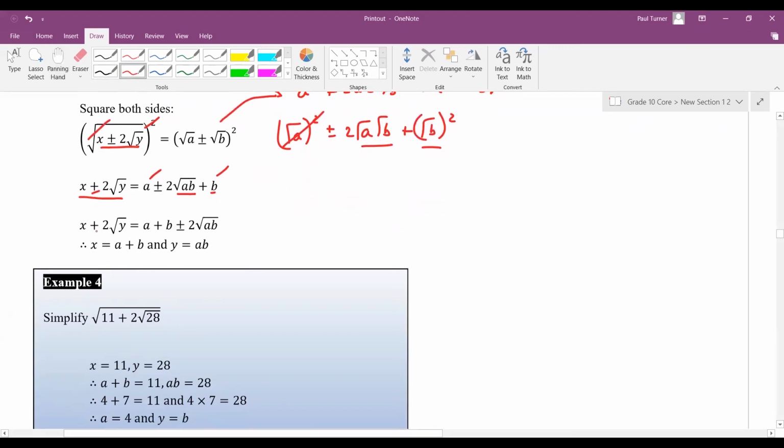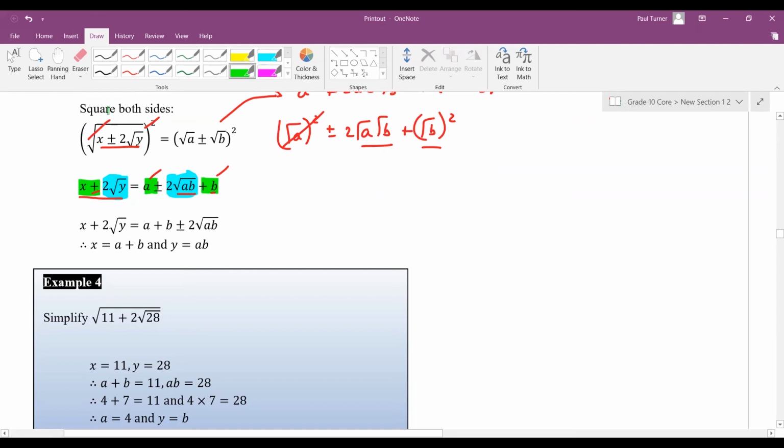So you've got X plus 2 root Y equals this. So you should see that this here is related to this number here because it's the third, okay? And this bit, X here, is a number, is related to A plus B on this side.